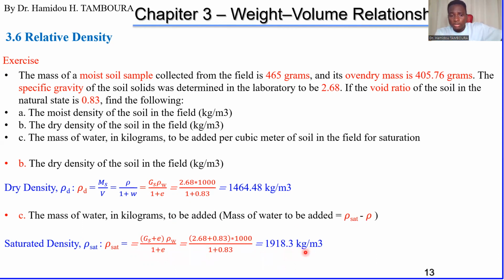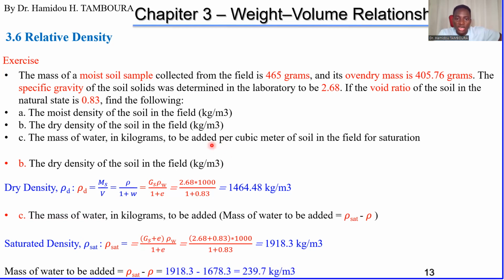And we can obtain the saturated unit weight by this formula and apply this saturated one minus the current unit weight, density, sorry, and you can obtain the mass of water per cubic meter, because here actually it's saying to be added per cubic meter.